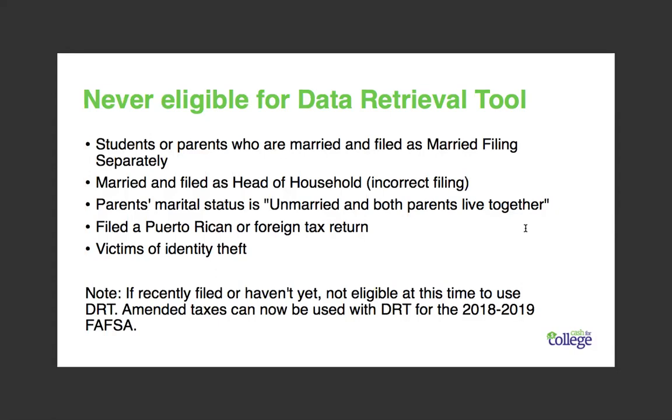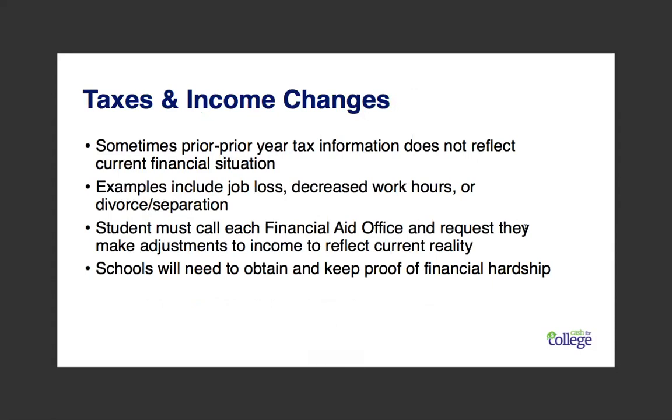It usually takes some time once you complete the taxes and they're processed, I want to say it's 6 to 8 weeks, before you can access everything through the IRS website. And the new thing is that amended taxes can now be used with the data retrieval tool. That is great, because that was always a headache before to deal with.